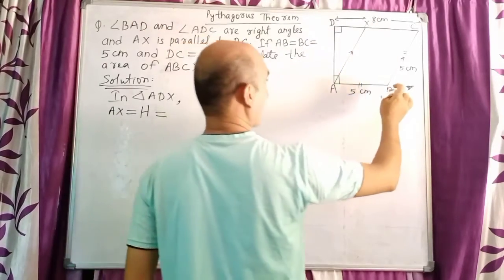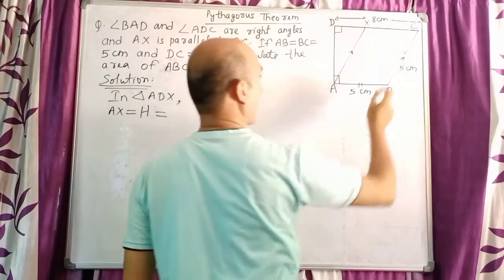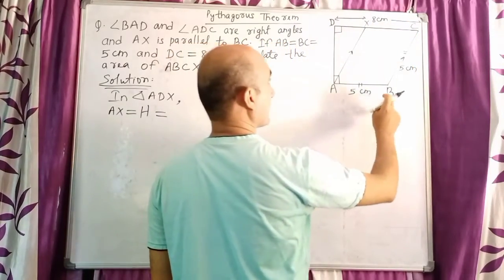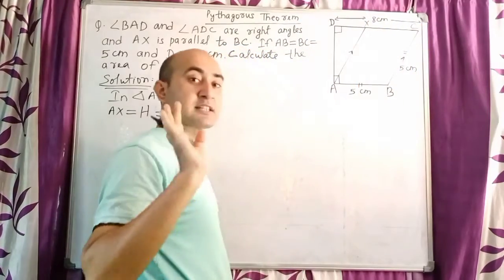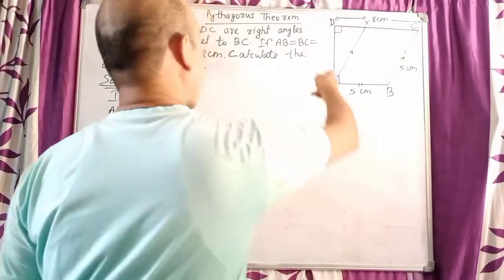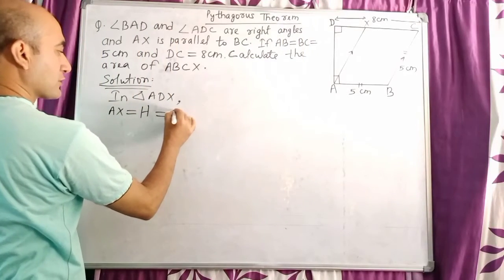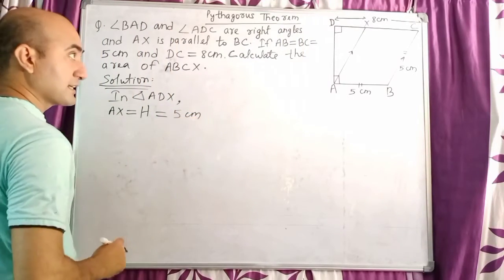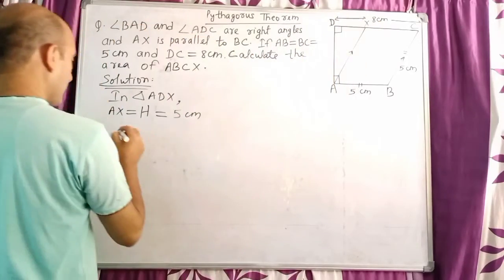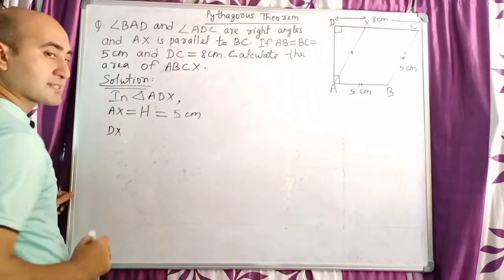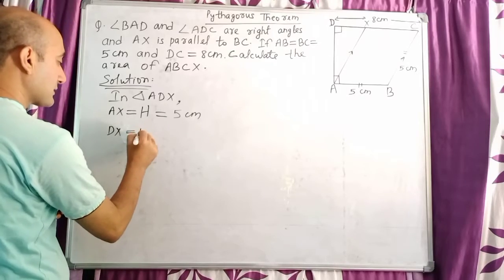Actually, all the sides in a rhombus are equal. AB, BC, CX, AX, all the sides in the rhombus are equal. So I can say AX, the hypotenuse, will also be 5 centimeter. Now your base will be DX. DX equal to base.